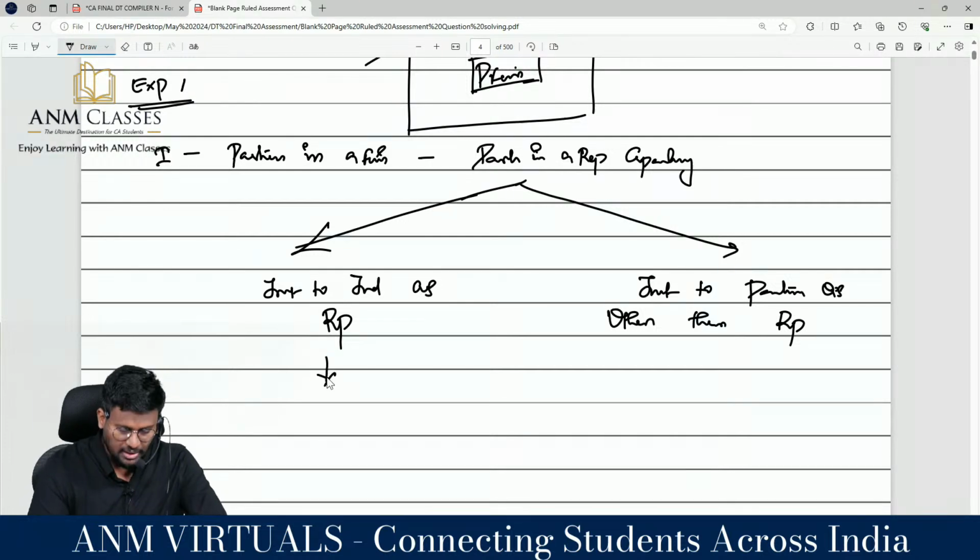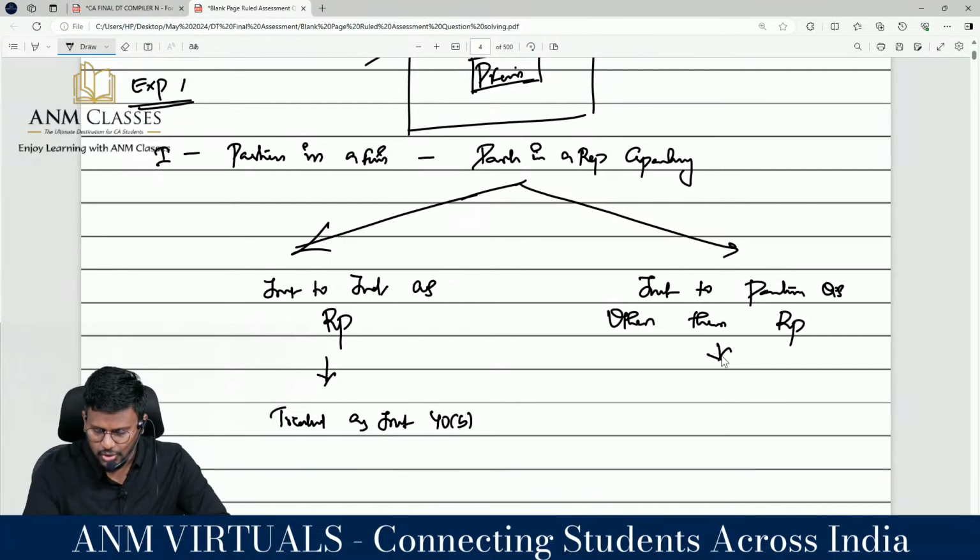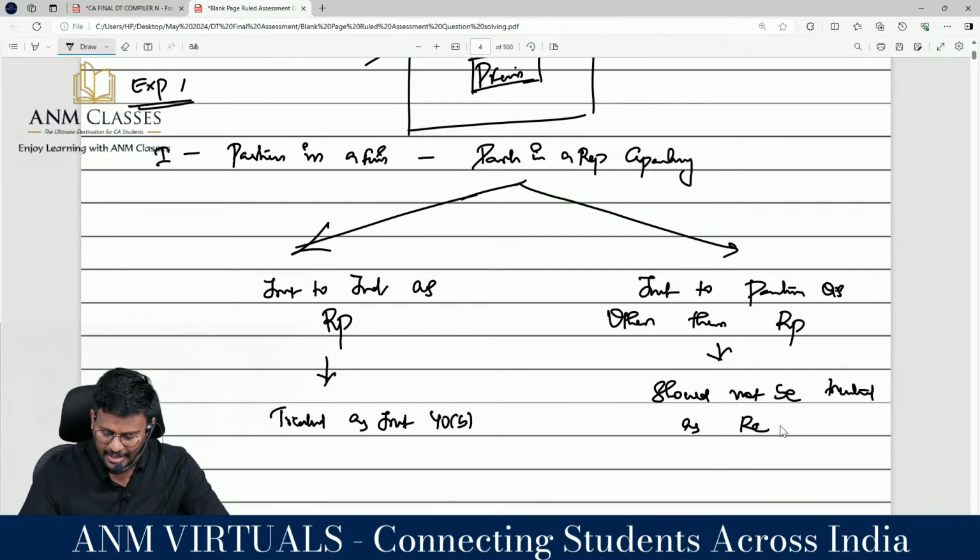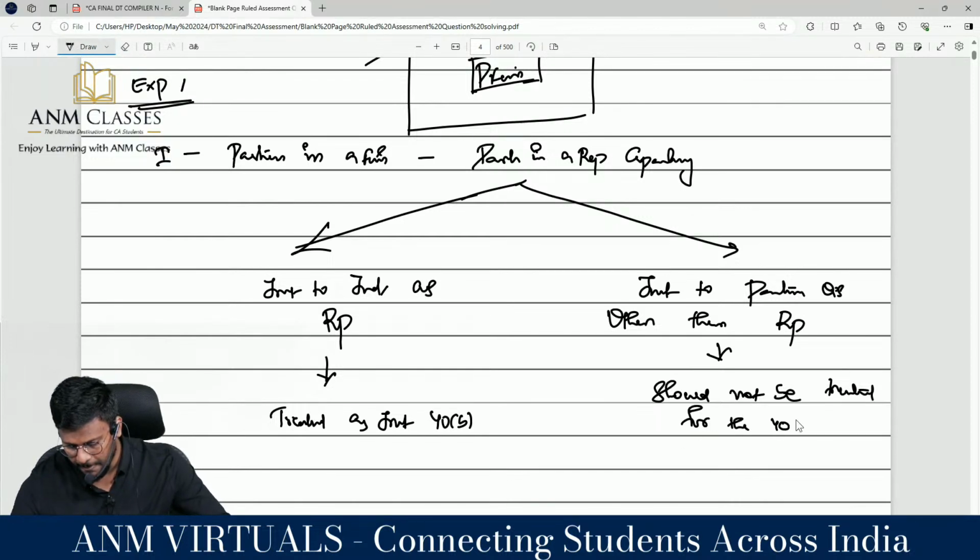Interest to the individual as representative capacity, my dear lovable students, should be treated as interest for the purpose of section 40B. Interest to the partner as other than representative capacity should not be treated for the purpose of 40B.